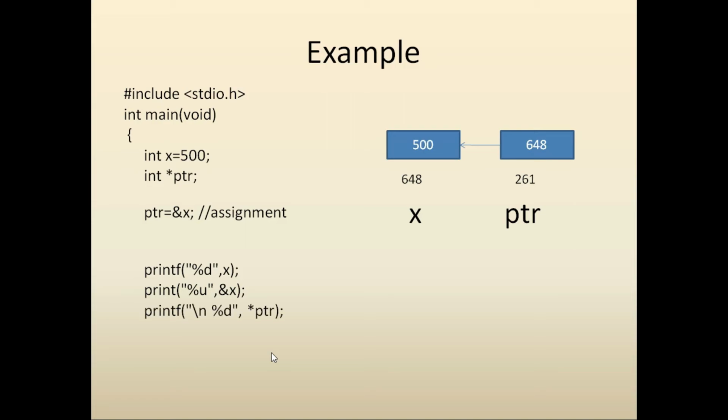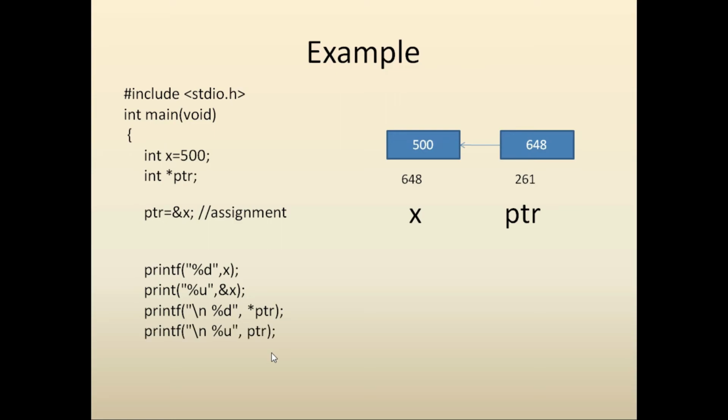If it is star ptr, then it means the data at the location stored by ptr. ptr stores the location 648 and the data at that location is 500. So you will get 500 as output for star ptr. So star ptr is equal to x only.